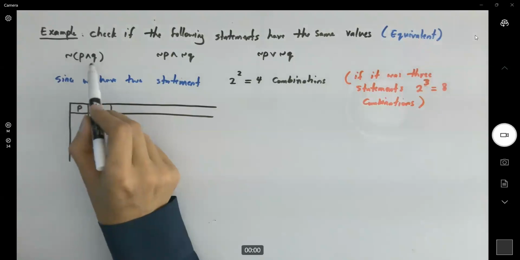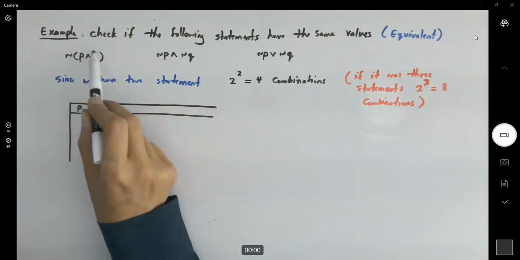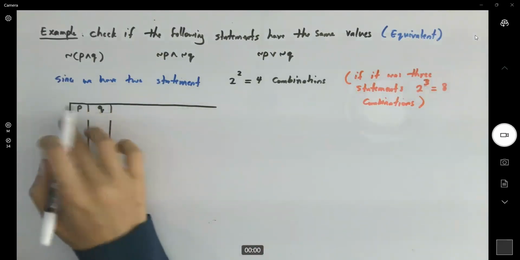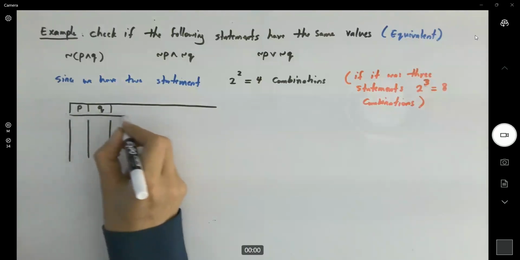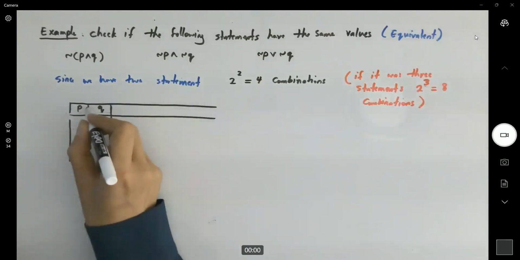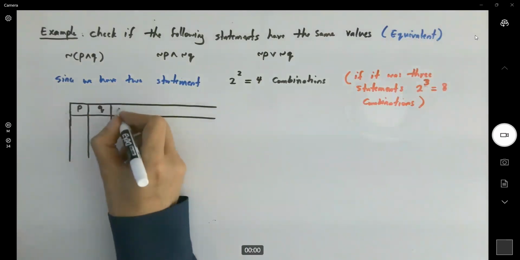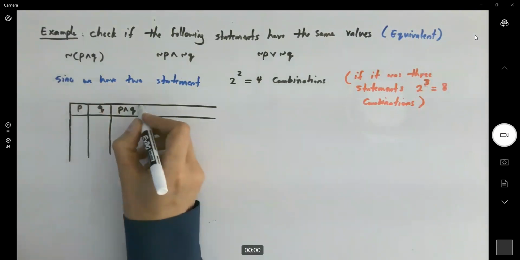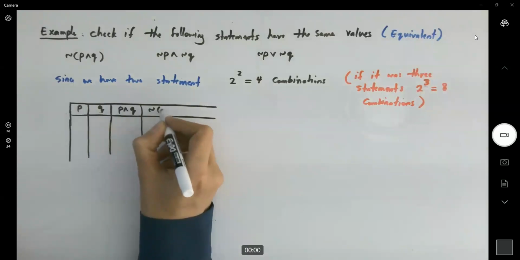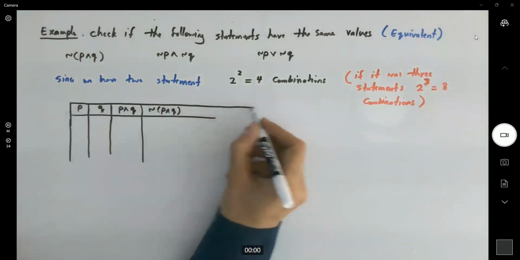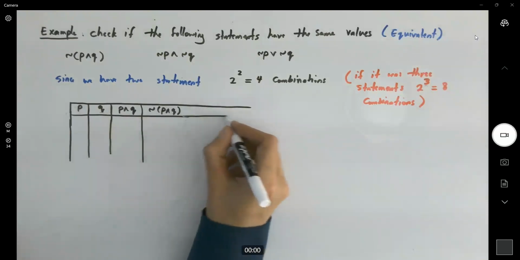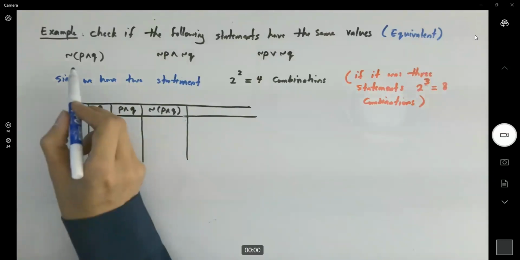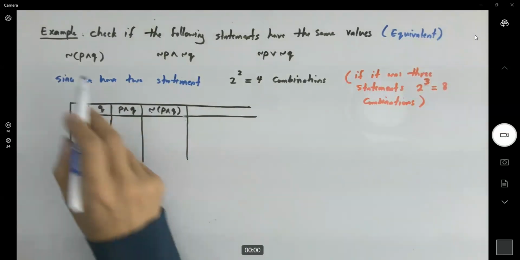Start from the inner parentheses, P and Q. So write down P and Q. The outer symbol is negation, not (P and Q). So this is for your first statement here.